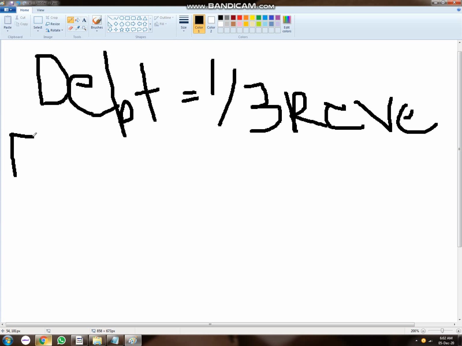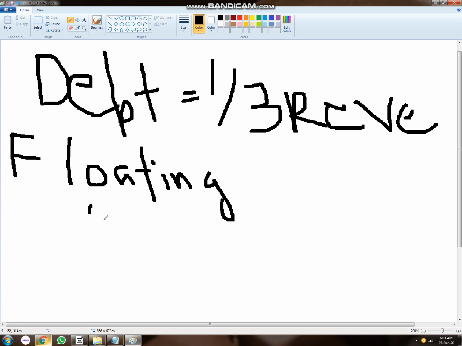Another thing you want to consider over here is floating shares. What are floating shares?